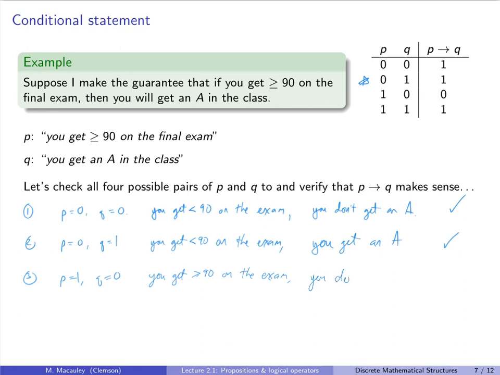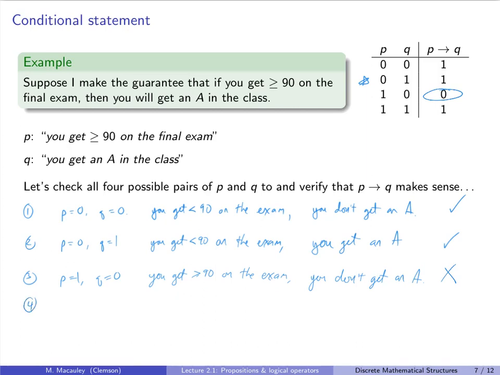You don't get an A. Here, I broke my promise. You satisfied this condition. You did not meet this conclusion. So there, I broke my promise, and that's why this entry is a 0.